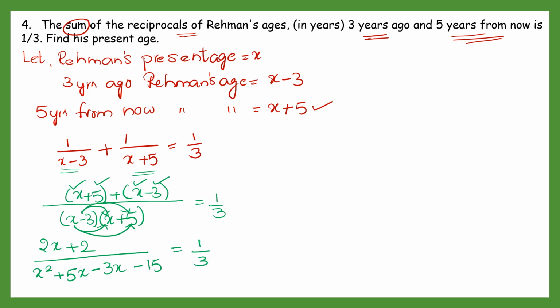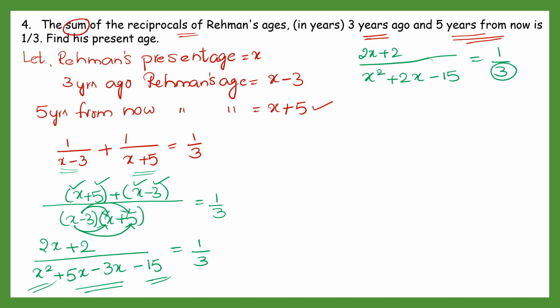We got 2x plus 2 by x square plus 5x minus 3x, you will get plus 2x minus 15. This is equal to 1 by 3.